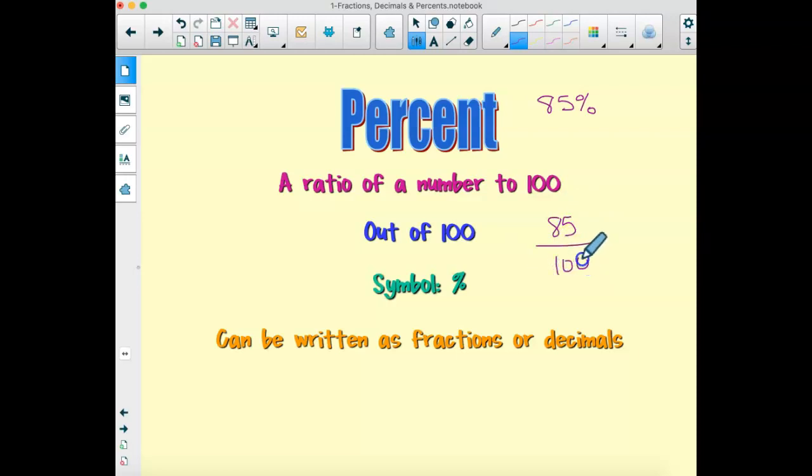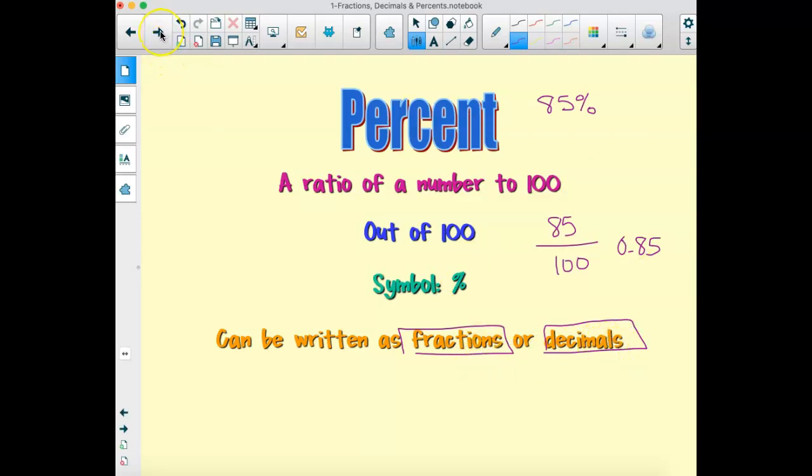Okay, so that's how we can write it as a fraction. Obviously, that's not in simplest form, but we can write those as fractions and as decimals. 85% as a decimal is 0.85. Okay, when we write percents, we always use the percent symbol. That's how you know it's a percent versus a fraction or a decimal.